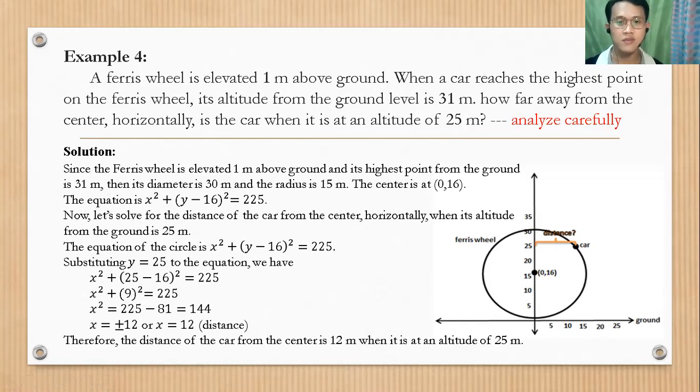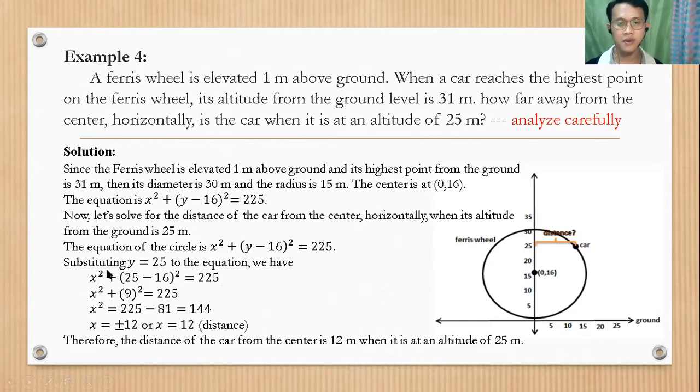Horizontally, when its altitude from the ground is 25 meters, the equation of the circle is x squared plus quantity y minus 16 squared is equal to 225. Substituting y, which is equal to 25, into the equation, we have x squared plus the quantity of 25 minus 16 squared is equal to 225.